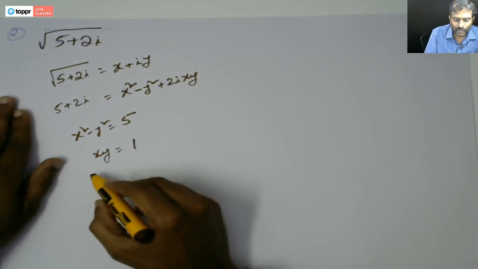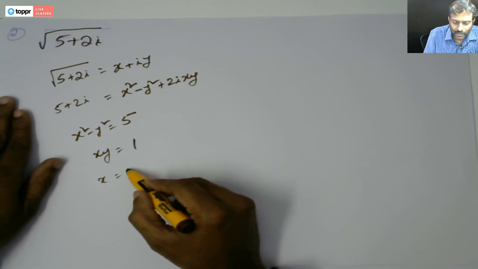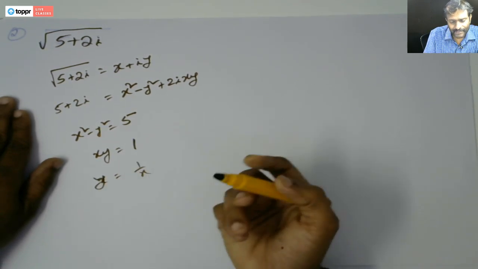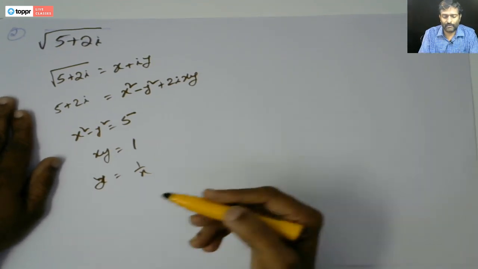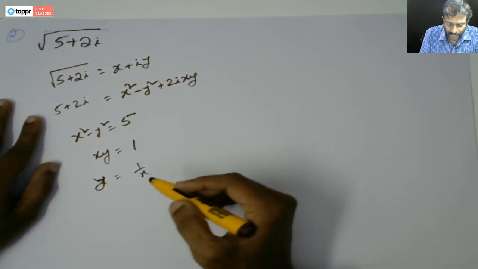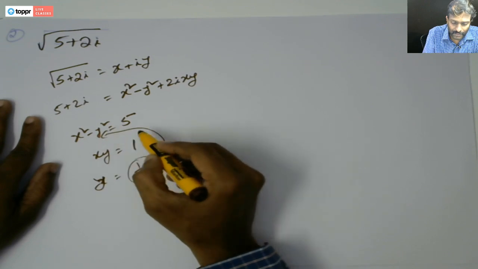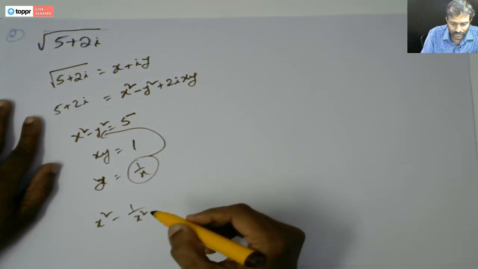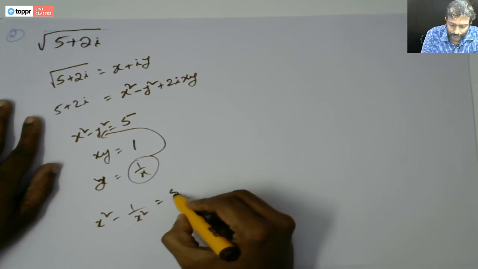You get xy is equal to 1, which is x is equal to 1 by y, or y is equal to 1 by x. Anything is fine. Now I can put this in this one. So x square minus 1 by x square is equal to 5.